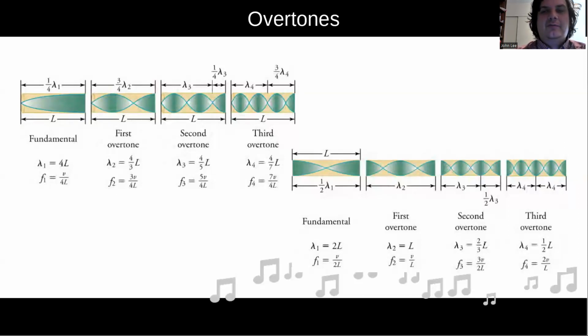And then for the last part, I'm just going to say that there are other types of objects that don't have this closed end. So you can have what we see here, where both ends are open, which means that both ends have to be antinodes, which gives you a fundamental of lambda equals 2L.